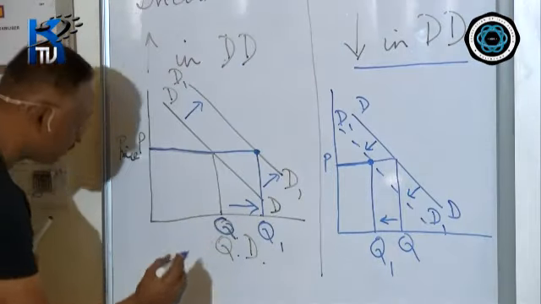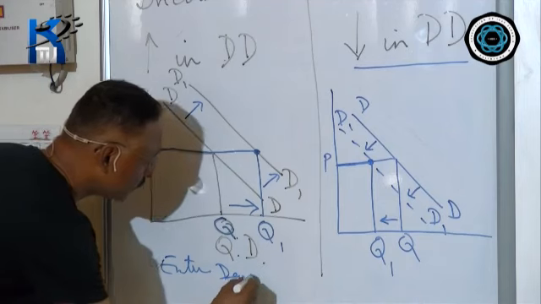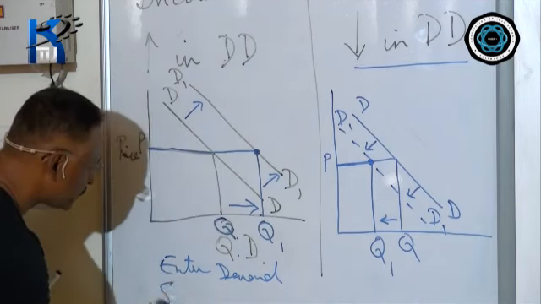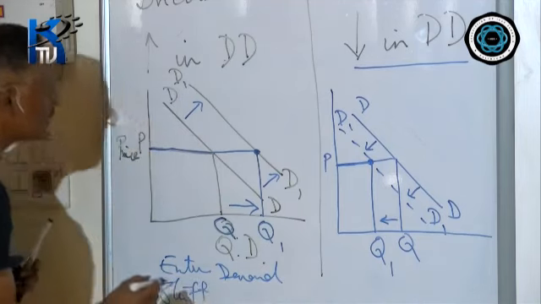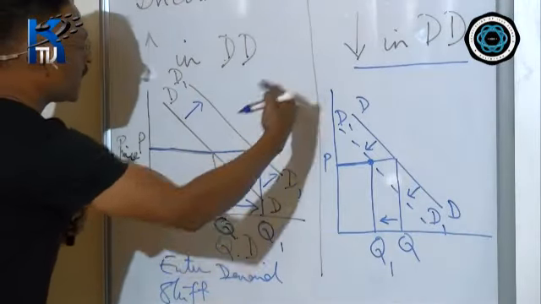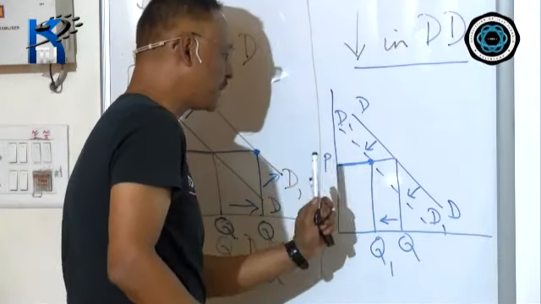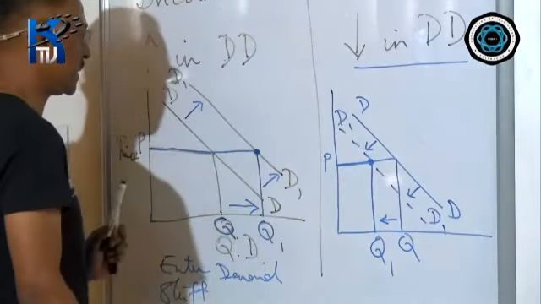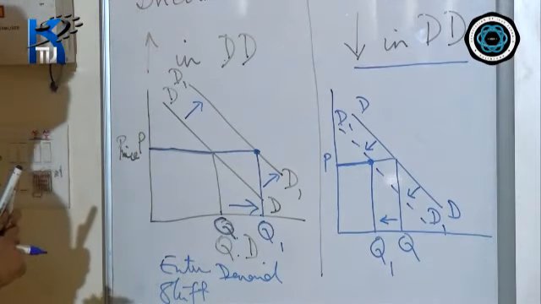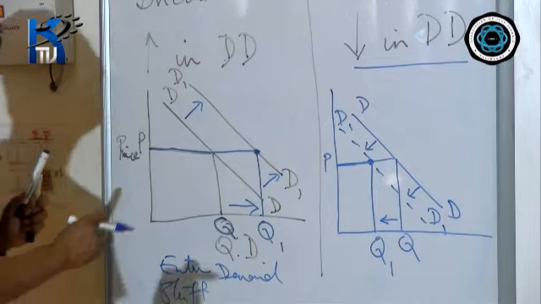So you have to write that the entire demand curve shifts. Which side? Upwards and rightwards. Here, the whole demand curve shifts leftwards and downwards.